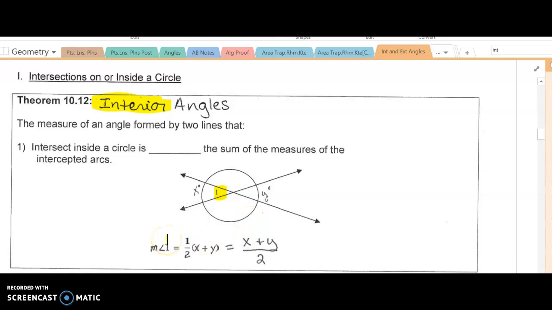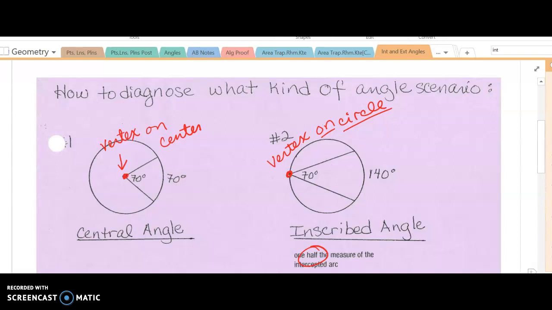If you go back to your strategy sheet, that purple sheet that we used last class to look at a couple of different strategies for angles inside of circles, let's just review real quick. The central angle is when the vertex is on the center of the circle. An inscribed angle is when the vertex is on the rim of the circle.